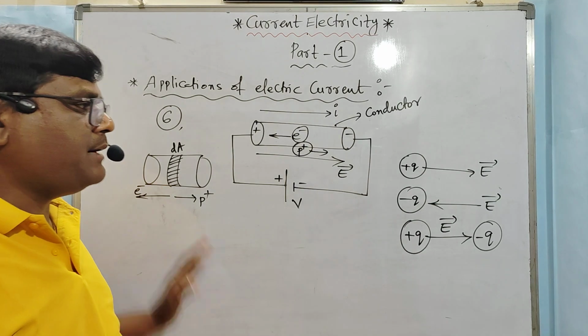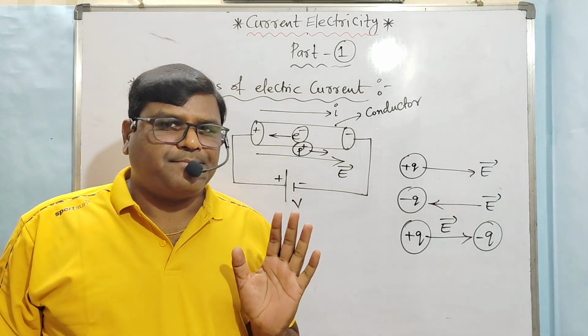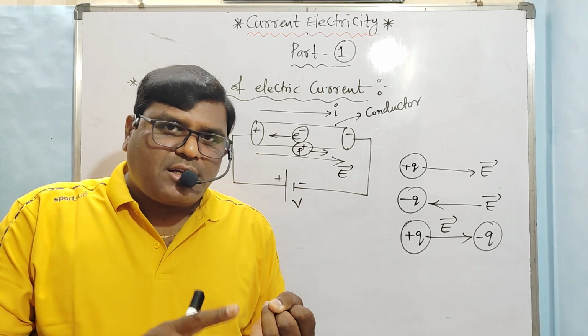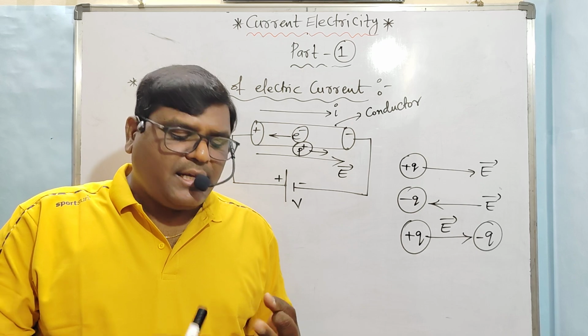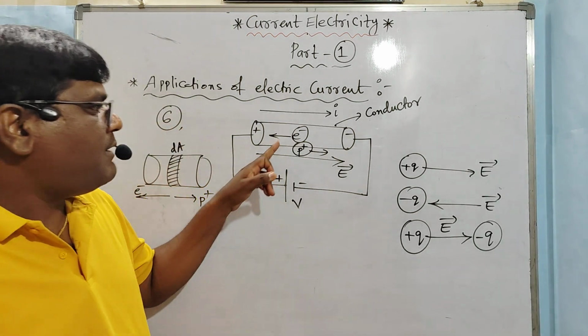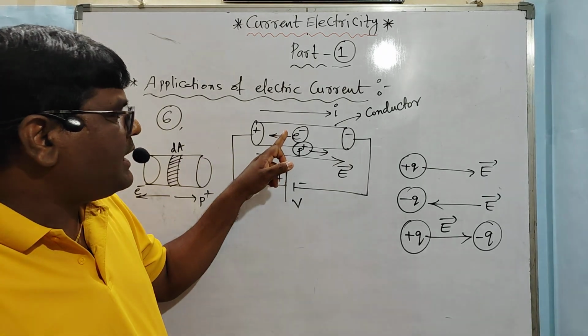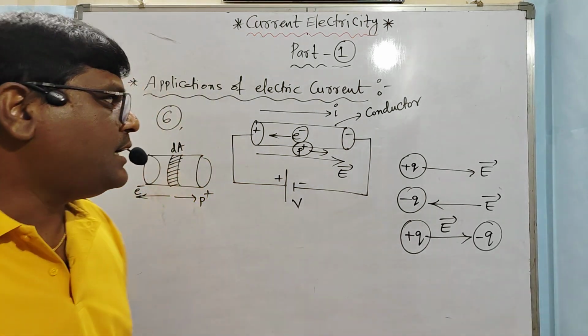This is the important point I am going to discuss. Finally, the direction of the electric current, the direction of the electric field, and the direction of the protons are the same, whereas the electrons move opposite to the electric current and electric field.